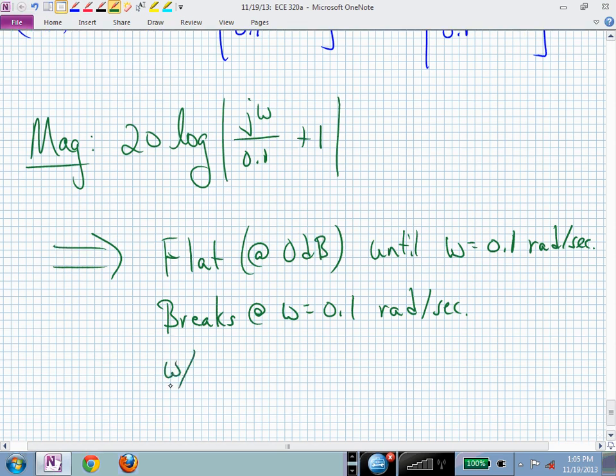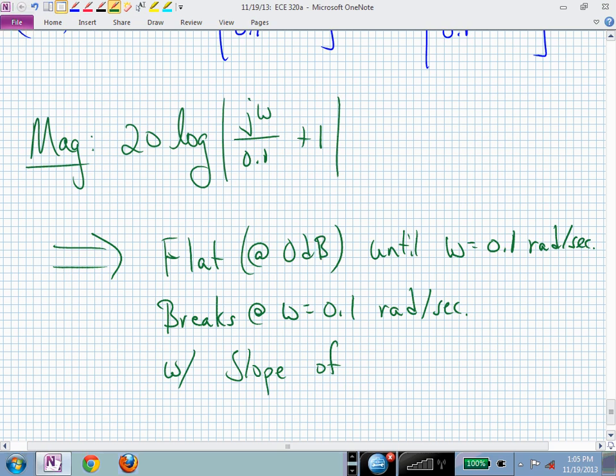Once it breaks, what's the slope? If I said, what is this doing, this whole term, 20 log of that argument for big values of omega? Now omega becomes such a number that it's 10 times 0.1. So now it's j10 plus 1 and bigger. j20 plus 1, j30 plus 1. What's happening as we adjust omega?